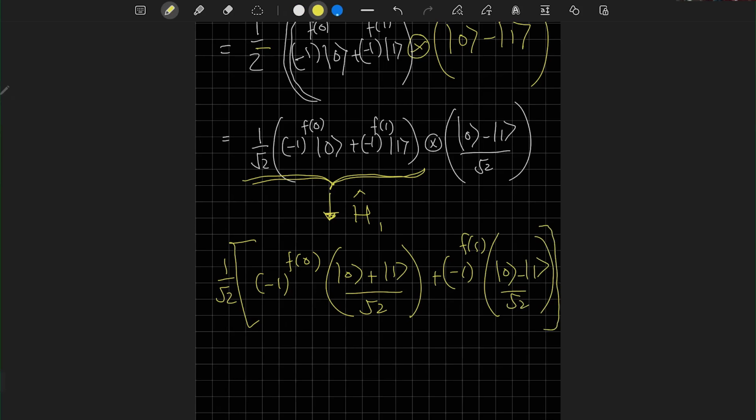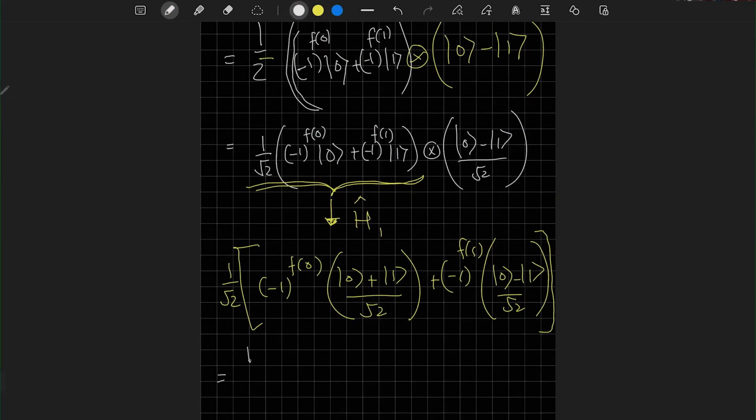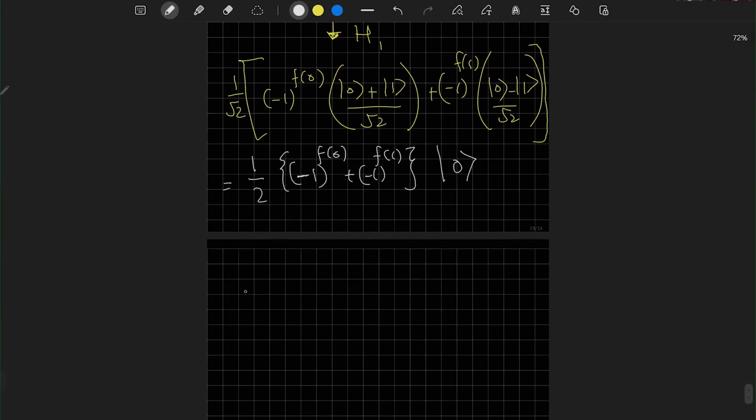Let's do some simplification. Alright, this is the state of the first qubit.